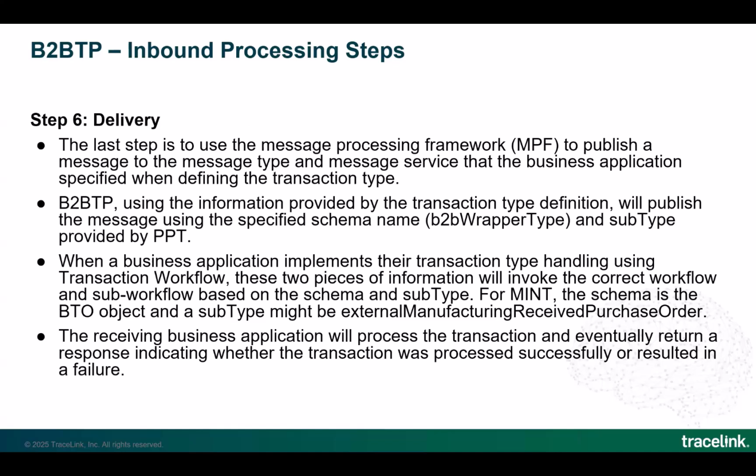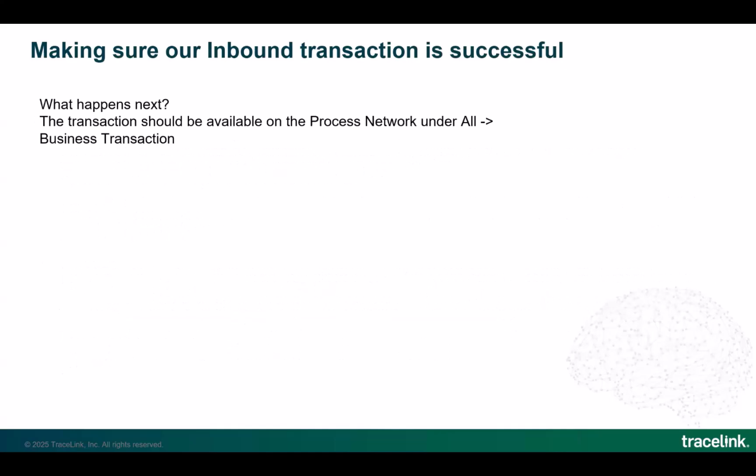Once all of this gets completed, in the last call we saw that we had not created a link setting object, because of which B2B was not able to identify the receiver and we were getting errors, but we resolved that error as well. If all of it is successful so far, you should be able to see the transaction.